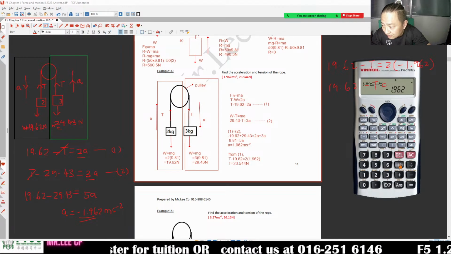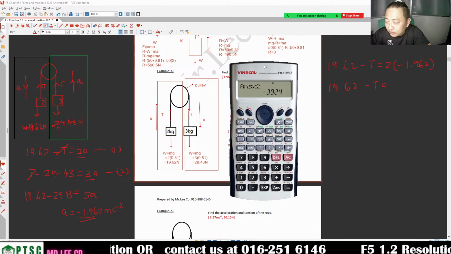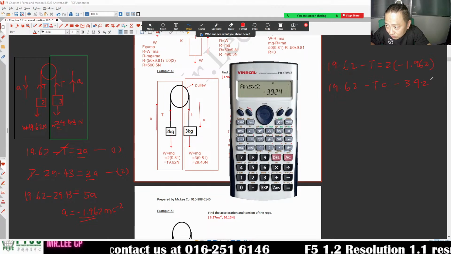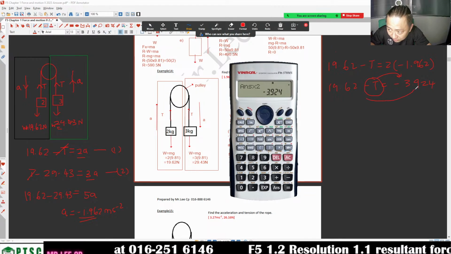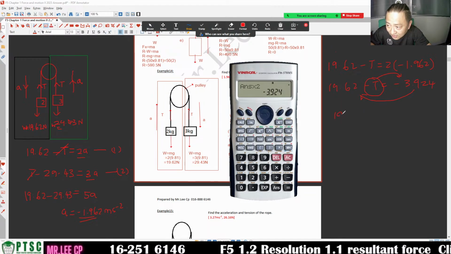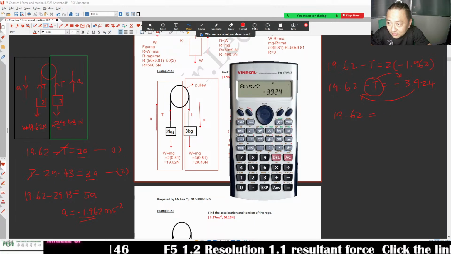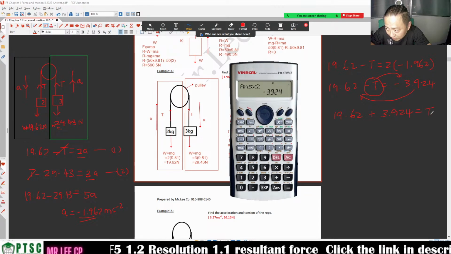Times 2, you get negative 3.924. Then this negative brought to here becomes positive. 19.62 plus 3.924 is equal to my positive T.